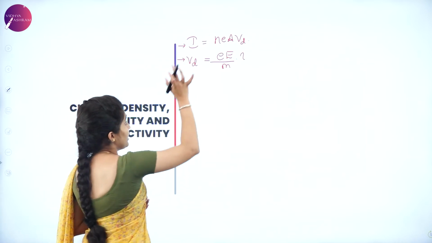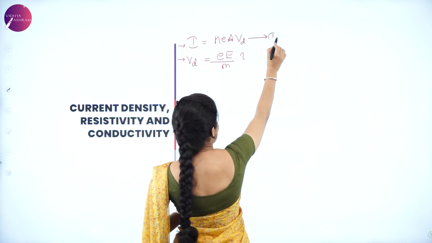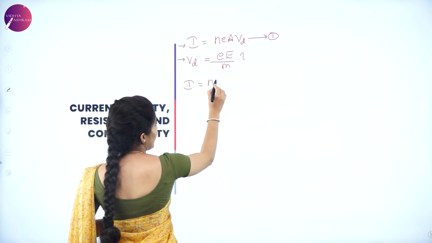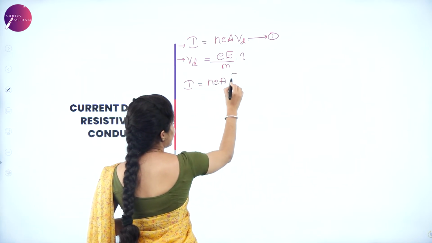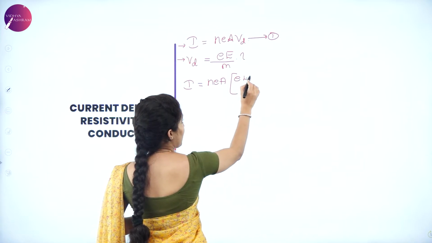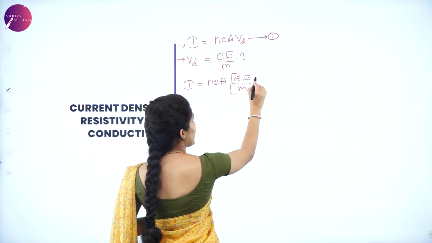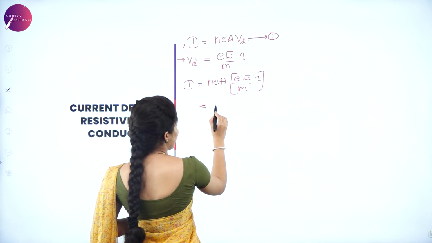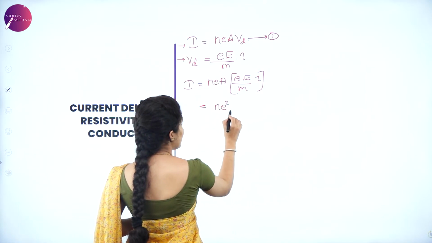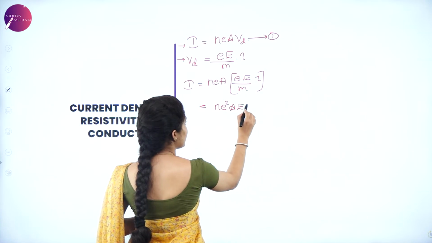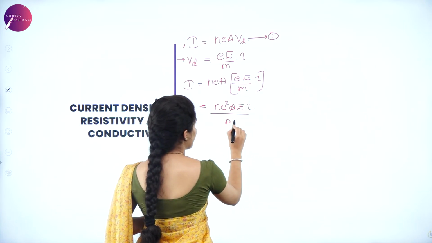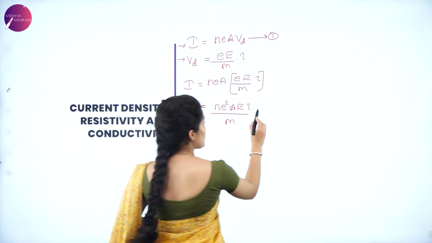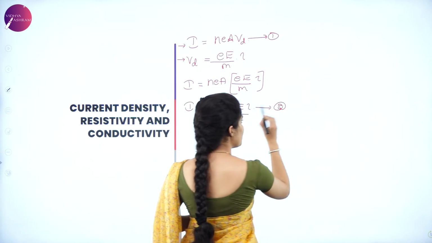Now, apply this in equation 1 for VD. So we have I is equal to NEA into capital E divided by M into tau, which on simplifying gives N E square A E tau by M, which is the current. Call this equation 2.